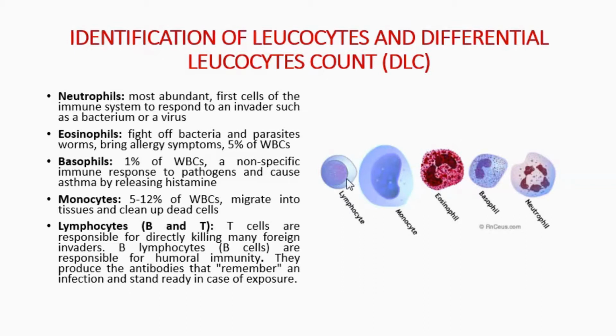The lymphocyte and monocyte are bluish purplish in color, and in basophils, the nucleus is stained purple and the cytoplasm is stained bluish, and they have bilobed nuclei. And the neutrophils have trilobed nuclei and are bluish purplish in stain. This is all about this practical.